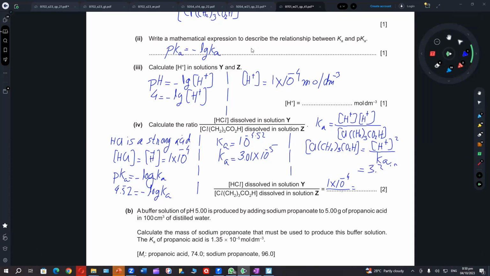That is better because at least it's coming close. It will come out to be 0.301.